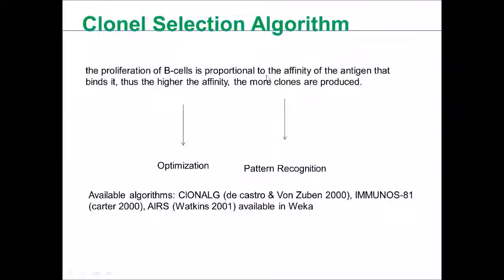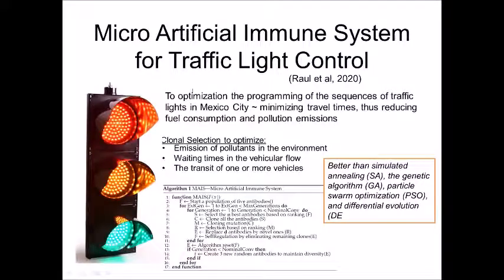If you Google on the internet, the clonal selection algorithm stands on par with the genetic algorithm and other optimization algorithms. We have the chronology, for example Immunos 81, which is among the clonal selection algorithm based theories. There is a lot of research related to the clonal selection algorithm.